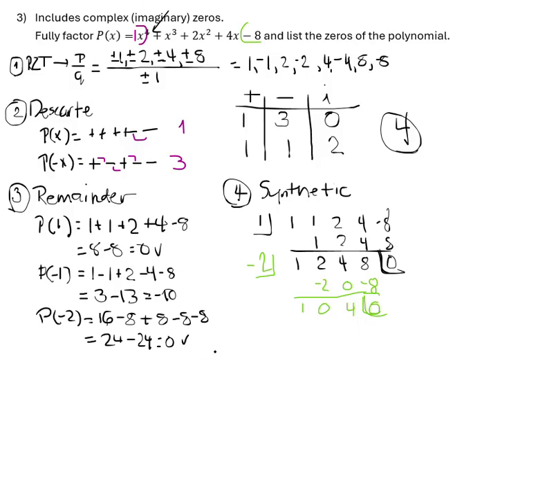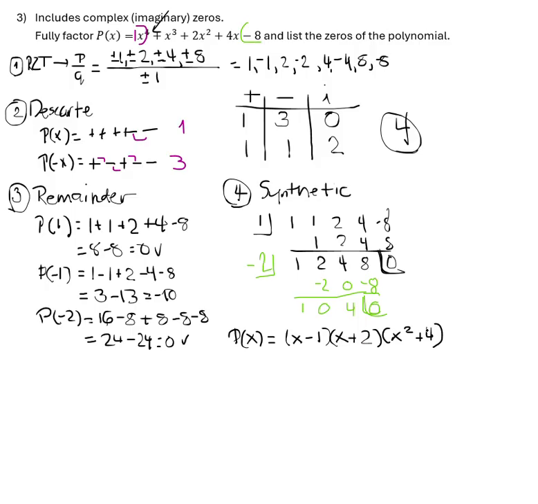Now, that leaves me so far with p of x equal to my factors: x minus 1 from my first synthetic division, x plus 2 from my second synthetic division, and I have left here an x to the second plus 4.